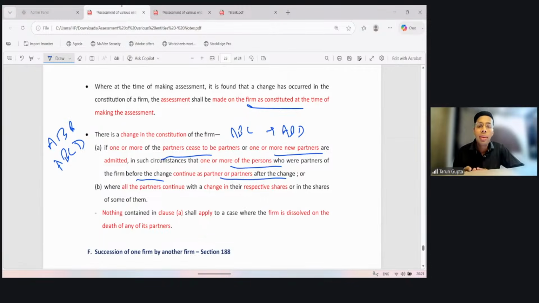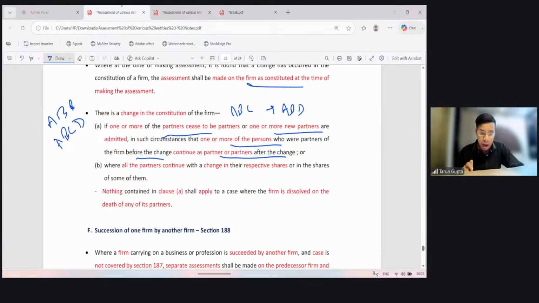So there should be some common person who was there before and after. If all have changed, then it's not a change in constitution. Where all the partners continue with a change in respective share or in the share of some of them, so there is no change in the partner as such, but they change the profit sharing ratio, it's also called change in constitution.